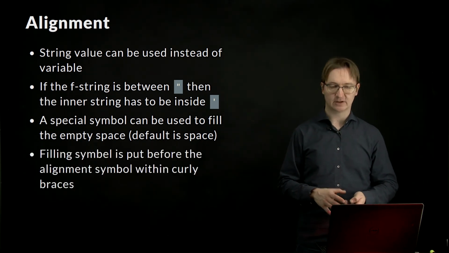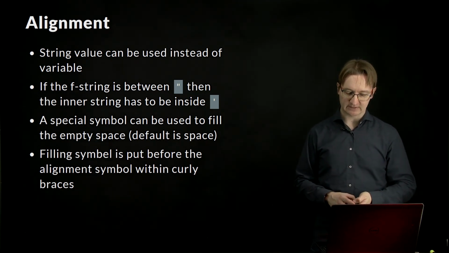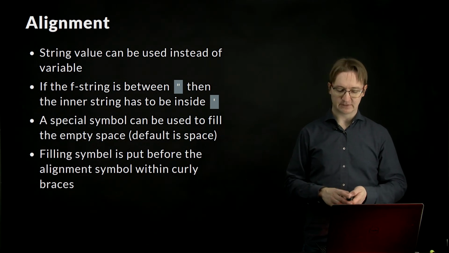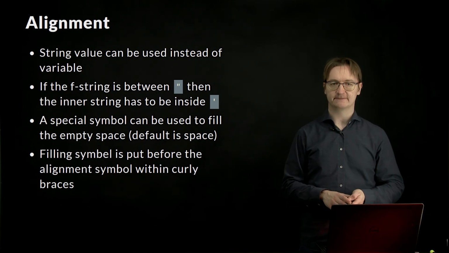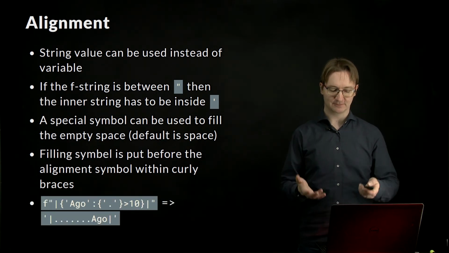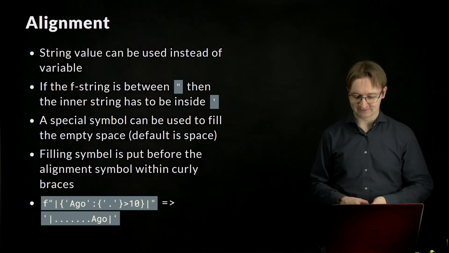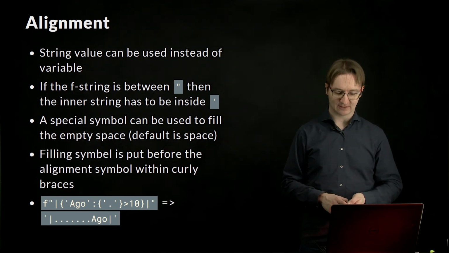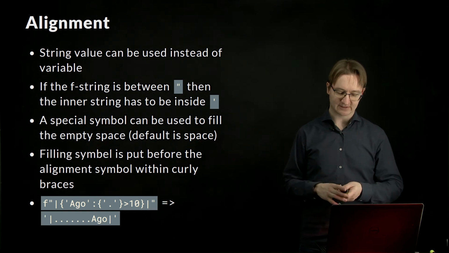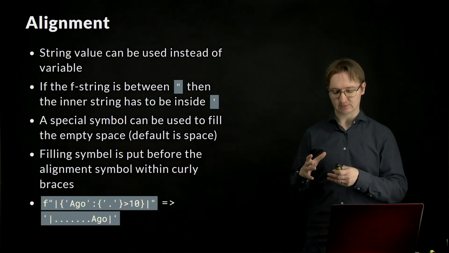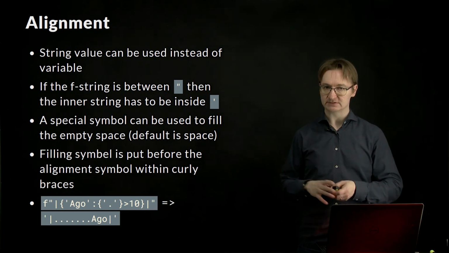For example, if we would like to use dots to fill out the space, then we can use this value, but this value is also put into the curly braces. It's not maybe the most convenient way to write it out, but this is how it works. So you have to put the dot here. As you can see, the string we would like to align is Ago. This is pointed out with single quotes.